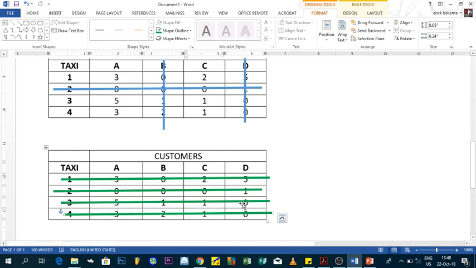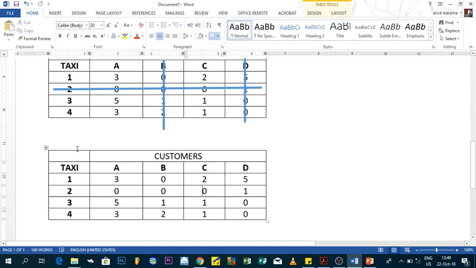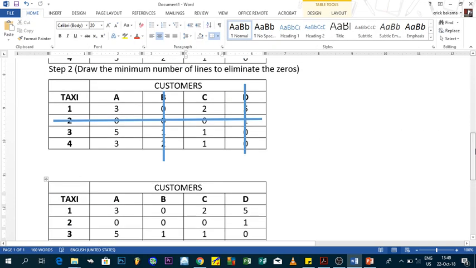You cannot use 2 lines to cancel 2 zeros if there's a way to cancel them with 1 line. So the best thing that we could have done would have only been to take 1 straight line to cancel the zero. But in this case, I don't see another location that will maximize the number of zeros. So you realize now that the solution is not optimal.